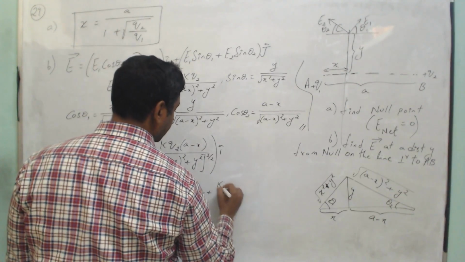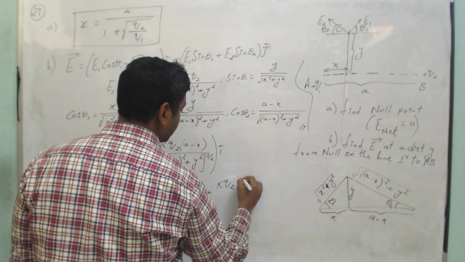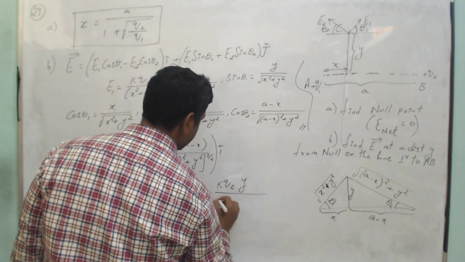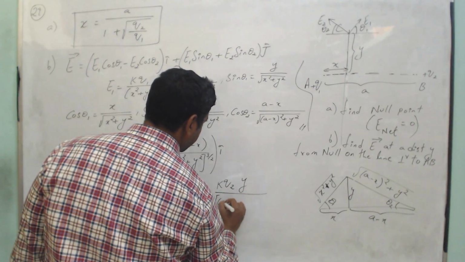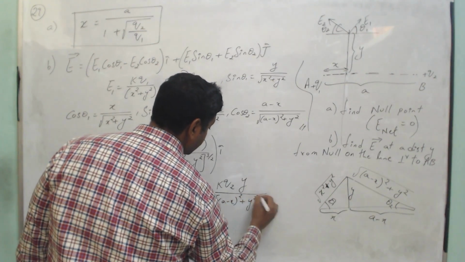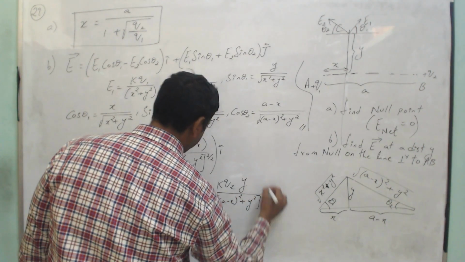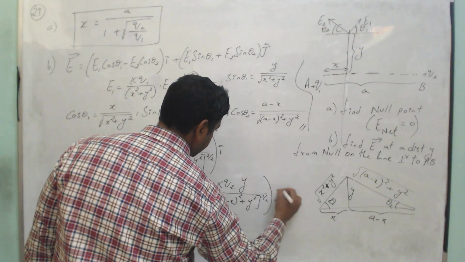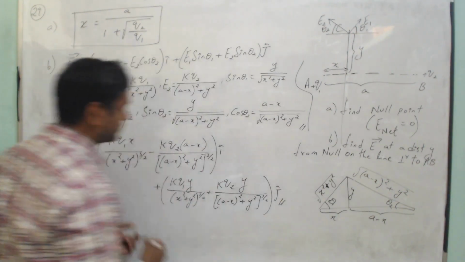So we have KQ2Y upon (A minus X) whole square plus Y square whole to the power 3 by 2 J cap. Is this clear?